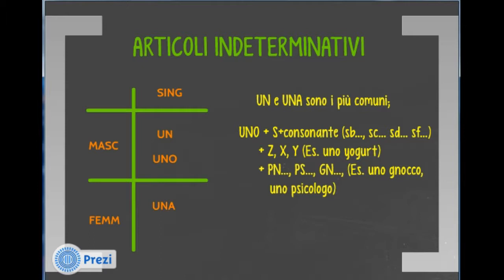We use uno in the same cases of lo. And then we have un apostrophe that we use only with feminine words starting with a vowel, like un'isola, an island.